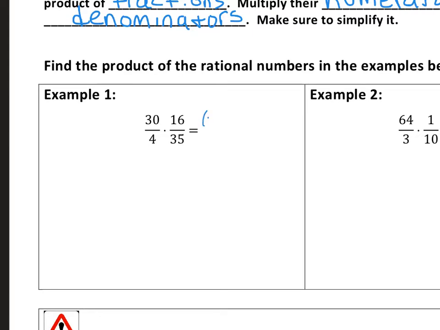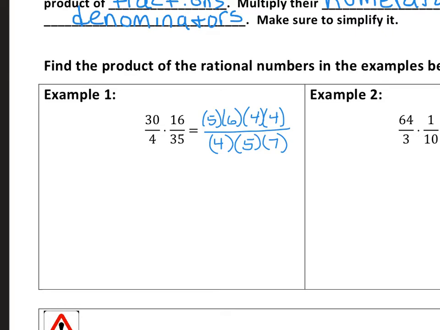30, I think, 5 times 6. And when we factor down, you don't have to go all the way down to prime factorization, but maybe just a little. 16, I see 4 times 4. And then in the denominator, we have a 4, and 35, I think 5 times 7. And so we're looking for the common factors that would reduce out, and we do have some.